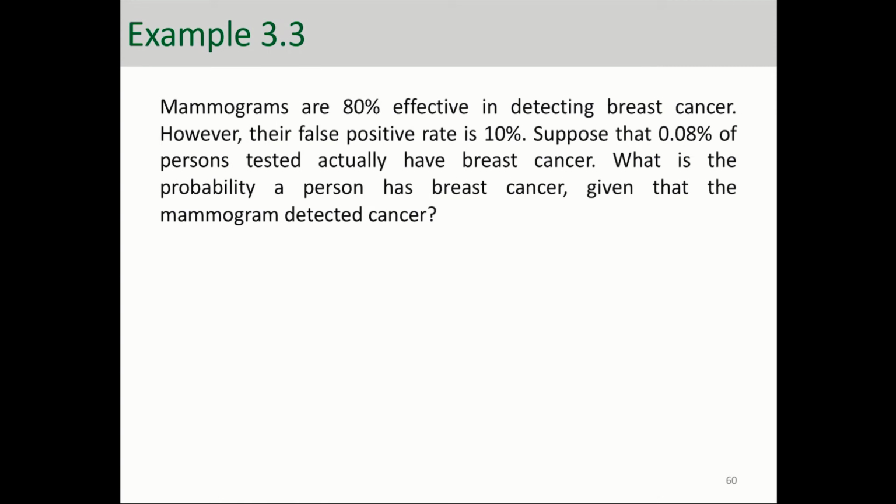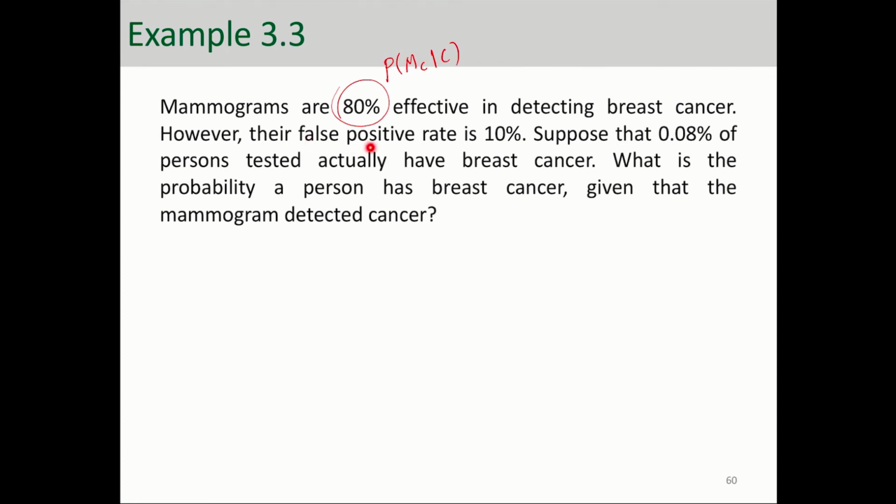So I'm trying to use terminology that relates to conditional probability. Given that breast cancer exists, the probability that the mammogram detects them is 80%. So I'm going to write that down as the probability that the mammogram detects cancer given that cancer exists.